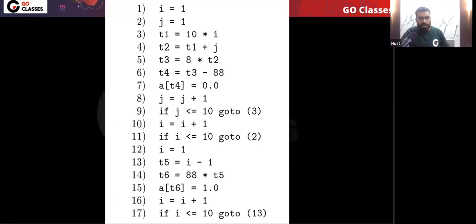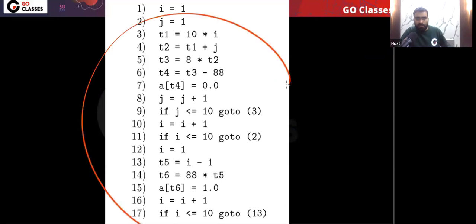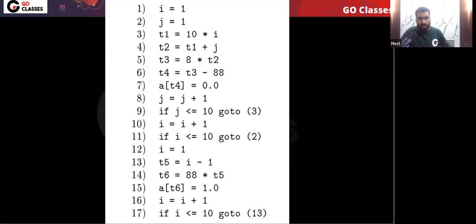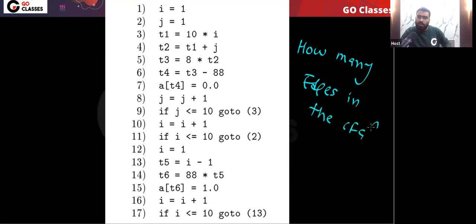Now let me know, for this graph, how many edges will be there? You create a control flow graph, then how many edges will be there? That is a very simple question. In the CFG, how many edges will be there?